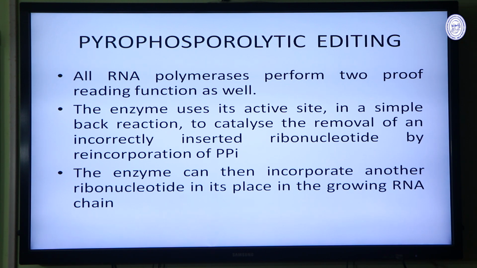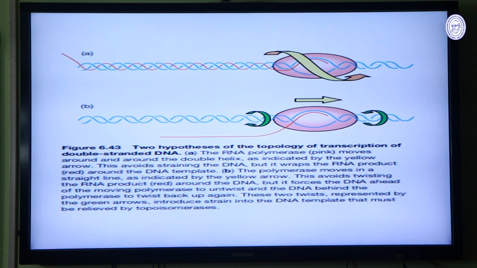The beta and the gamma phosphates are liberated in the form of PPi, that is pyrophosphate, which is later cleaved by the enzyme pyrophosphatase. But during this scrutiny program, the RNA polymerase can reintroduce the PPi again, and then the enzyme can incorporate another ribonucleotide in its place in the growing RNA chain. So, it is called pyrophosphorolytic editing.